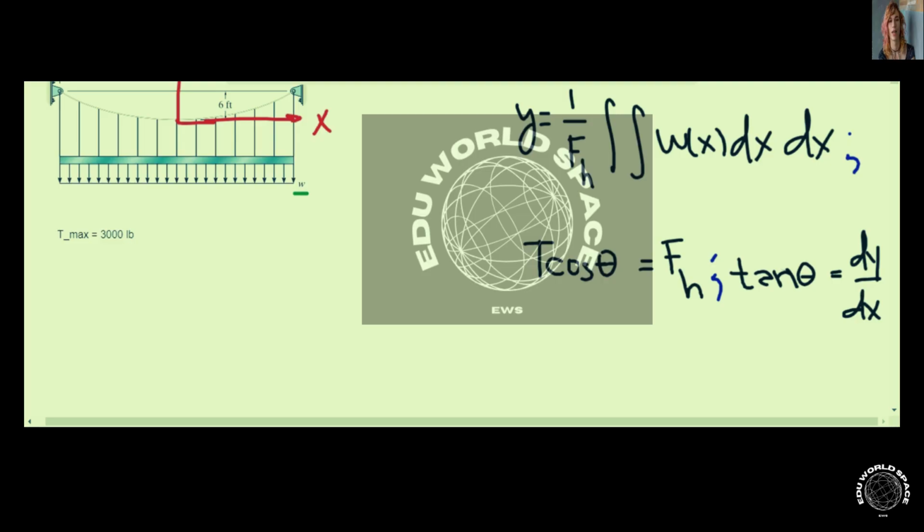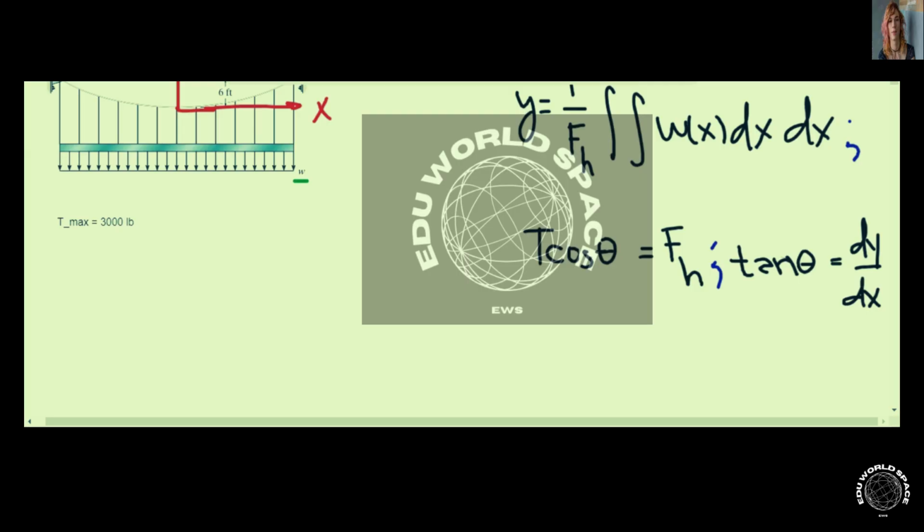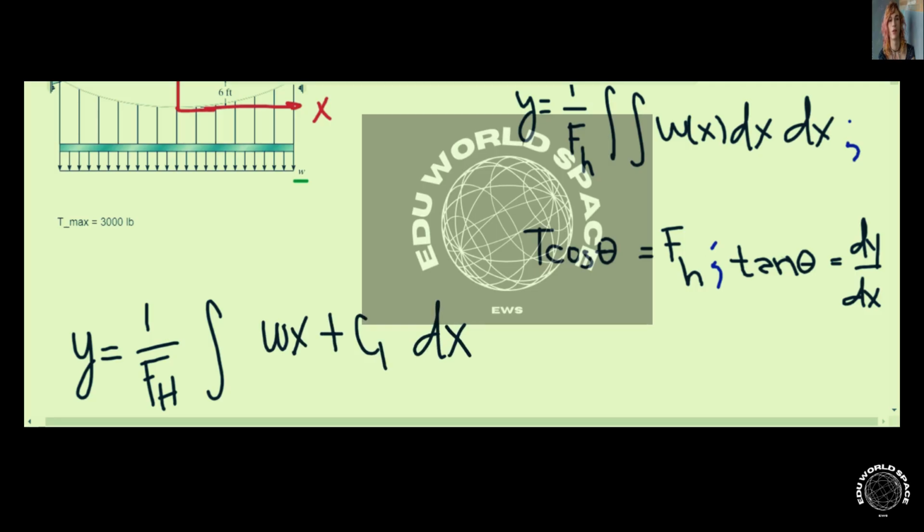If we take the first integral, our equation becomes y equals 1 over F sub h times the integral of wx plus c1 dx.